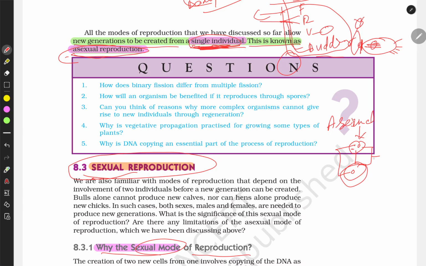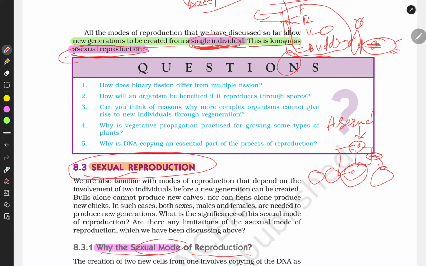There will be a very slight difference between them, and this difference comes from mutation during DNA replication. So they do not produce much variety. Most of the individuals created by asexual modes are similar.